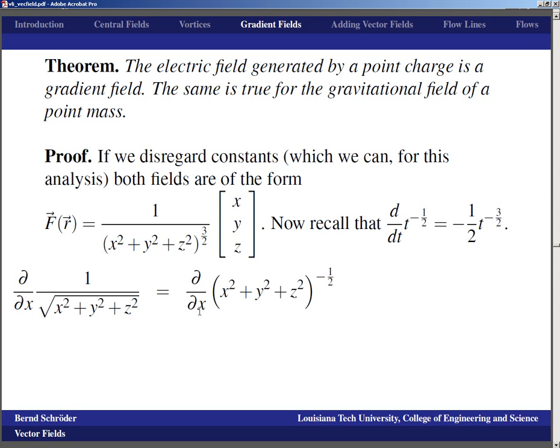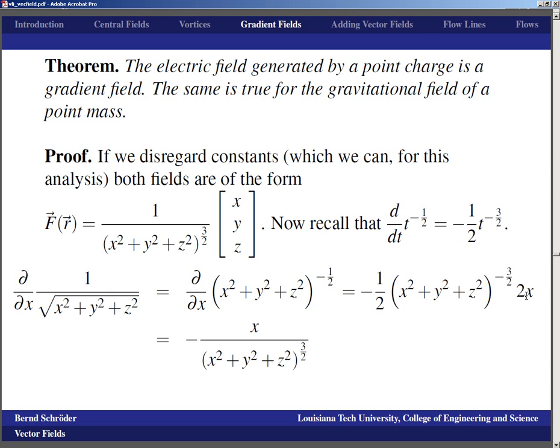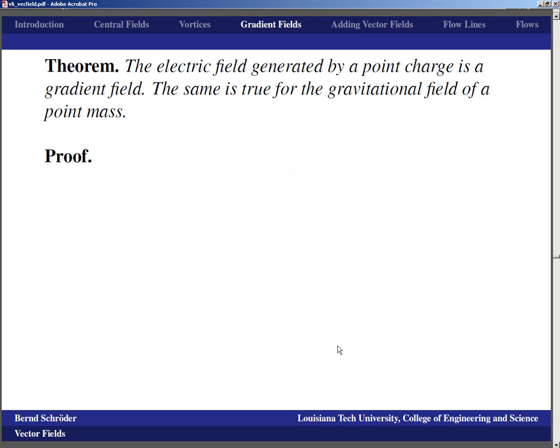We get the partial with respect to x of (x squared plus y squared plus z squared) to the negative 1/2, which gives negative 1/2 times the inside to the negative 3/2 times the x partial derivative of what's inside, which is 2x. If we simplify that, we get negative x over (x squared plus y squared plus z squared) to the 3/2.